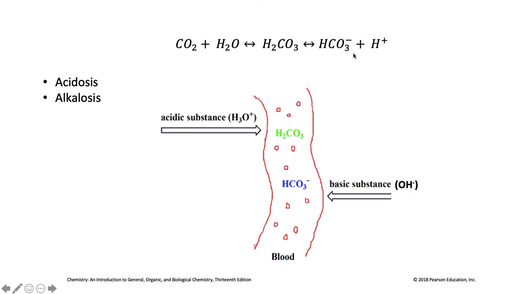If we have less than that, then it's going to hold on to it. It's not going to get rid of the extra HCO3 minus. That is how our body gets rid of or maintains the HCO3 minus in the blood to get rid of alkalosis.